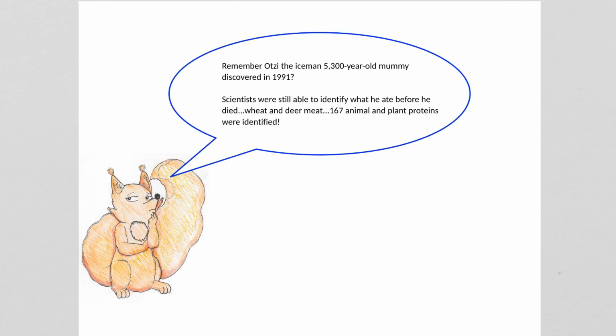Yes, Curly, this is a very good example of the power of enzymes, right? So without enzymes working, you can see scientists were able to identify what this person ate almost 5,000 years ago. Isn't that remarkable?